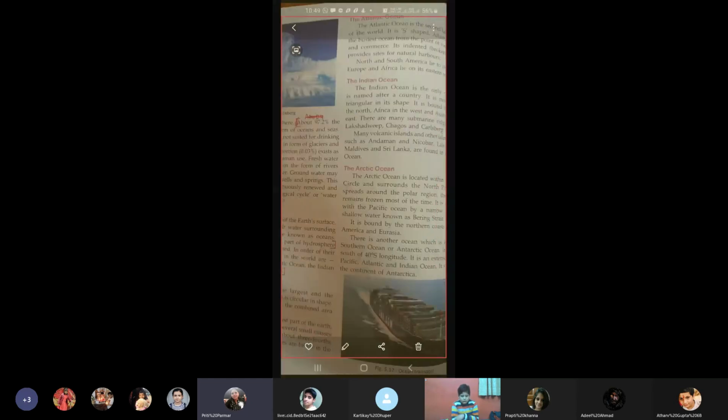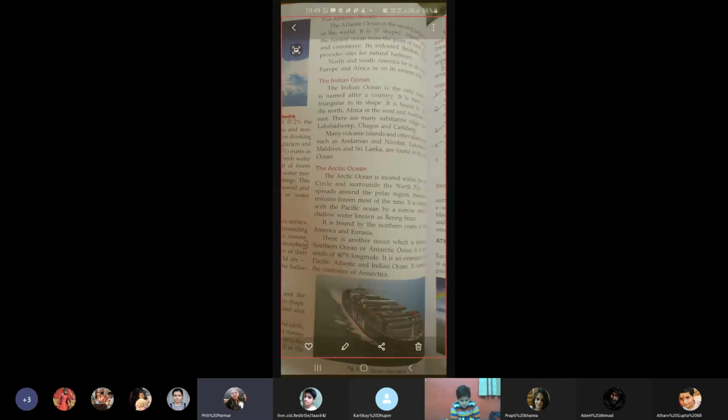Then we come on to the third, and as you see, the name is after our country. The Indian Ocean is the only ocean that is named after a country. And which country? Our own country, India. It is more or less triangular in shape. It is bound by Asia in the north, Africa in the west, and Australia in the east.